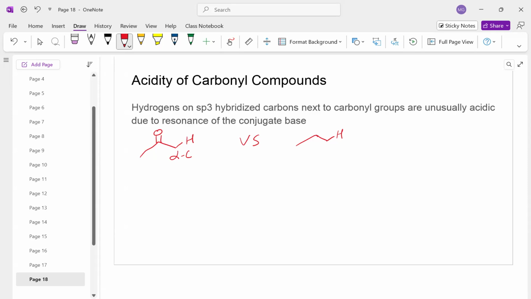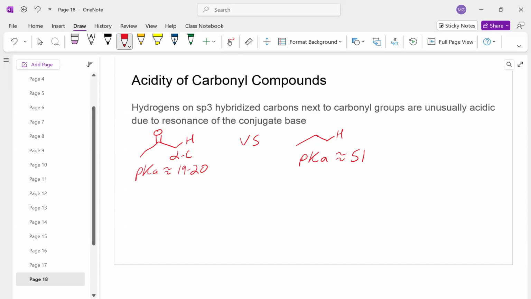Now, for comparison, the hydrogen on not an alpha carbon, just a regular sp3 hybridized carbon, the pKa is 51. So again, impossible to deprotonate. But put that next to a carbonyl, and now we're getting to something that's still fairly weak, but it's much more acidic than it was before.